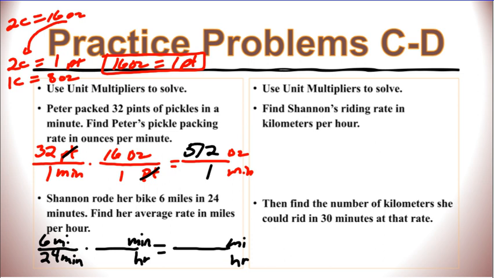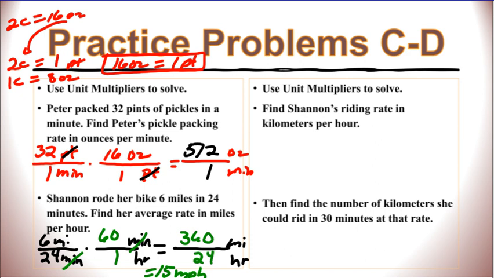I know that there are 60 minutes in 1 hour. So the minute labels divide each other off. I'm left with 6 times 60, which is 360 miles. 24 times 1 is 24. Now I do my division. So 360 divided by 24 gives us 15 miles per hour. So that's how fast Shannon would ride her bike.